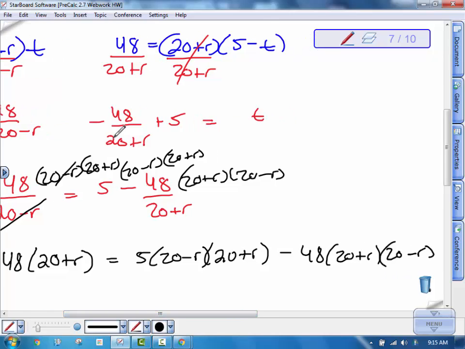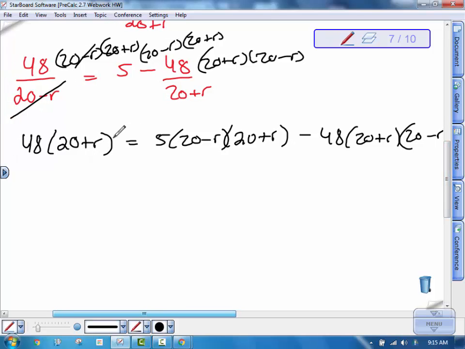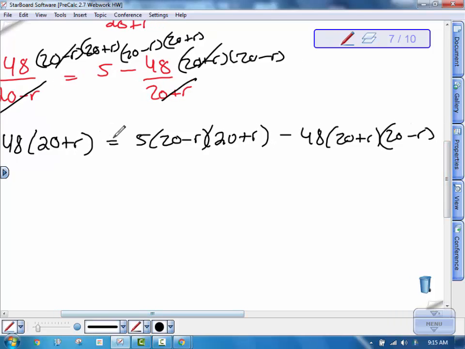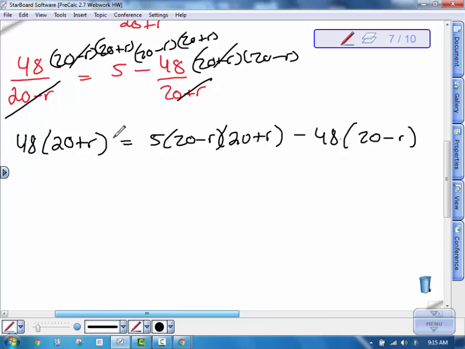Now I realize that this is a lot of work, but we have to solve it from here.